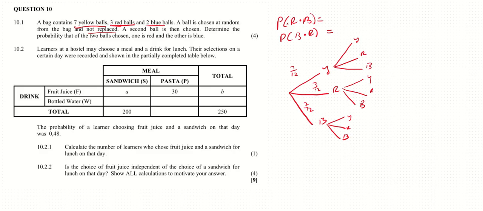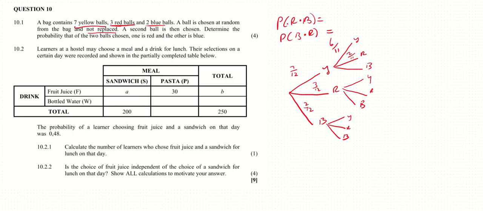Either you can choose yellow, red, or blue after choosing yellow, or yellow, red, blue after choosing red, or yellow, red, blue after choosing blue. If we chose yellow, the number of yellow will decrease because it was not replaced, bringing it back to 6, and the total number of balls decreases to 11, because one ball was chosen. If you choose red, we have 2 over 11.